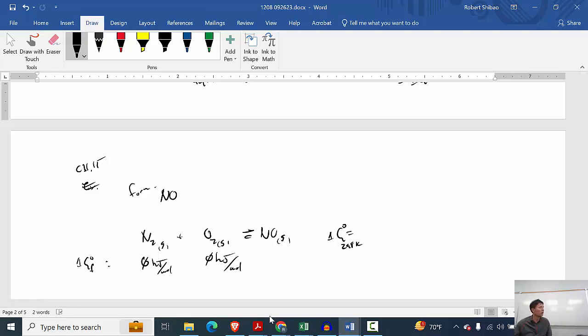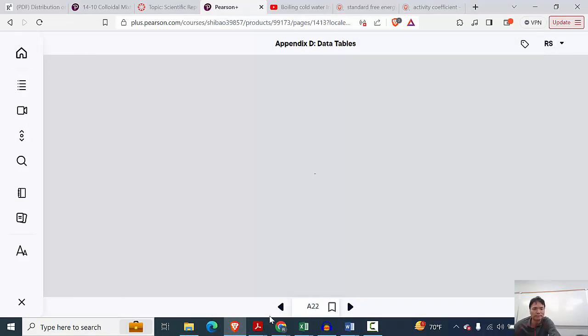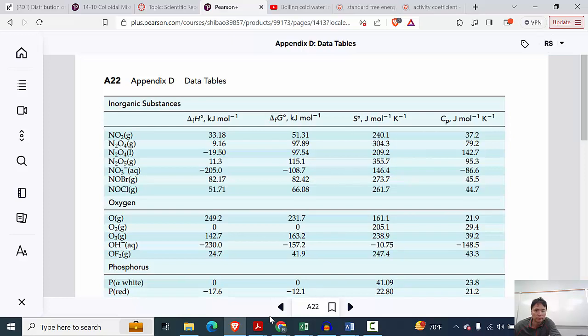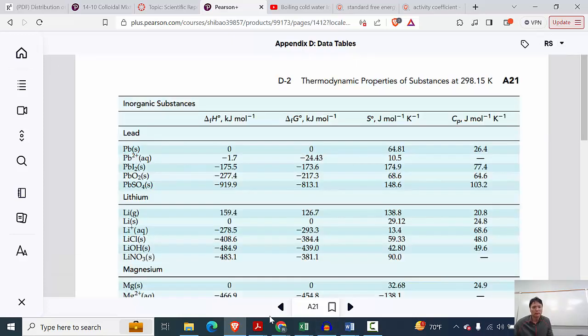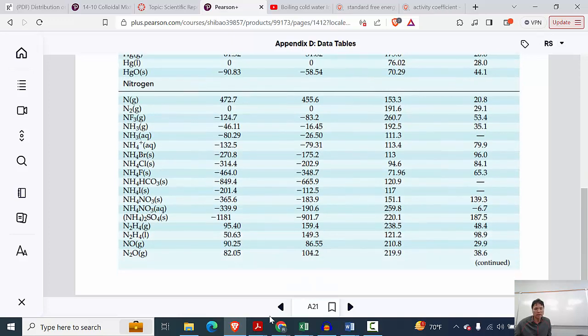For nitric oxide, the delta G of formation is defined per 1 mole, but here we're forming 2 moles, so it's going to be twice the amount of energy. Let's take a look at delta G of formation for NO, which is in the second column here, 86.55 kilojoules per mole.